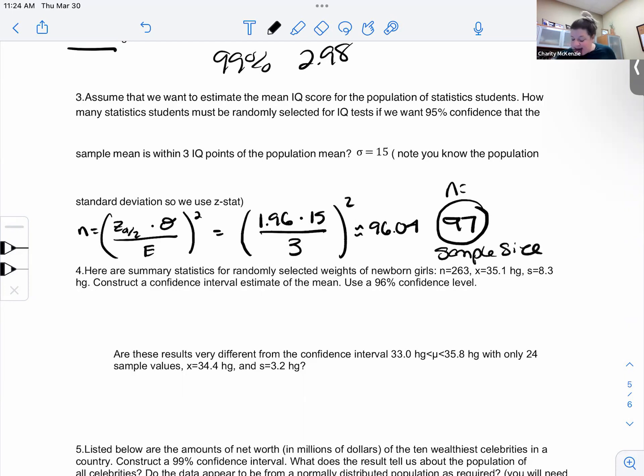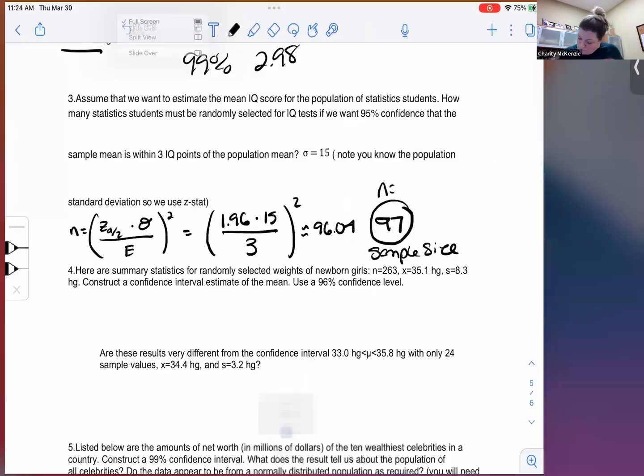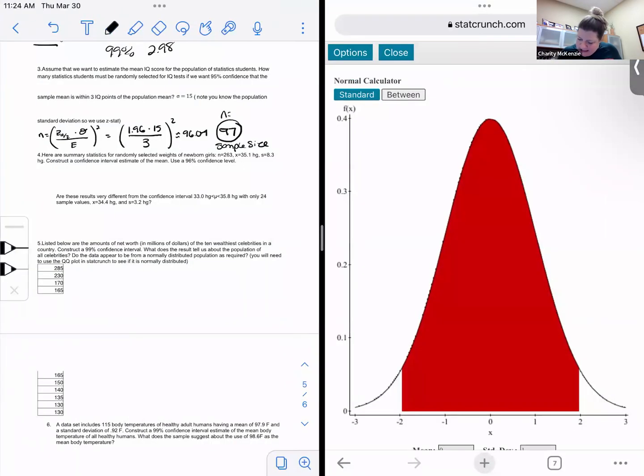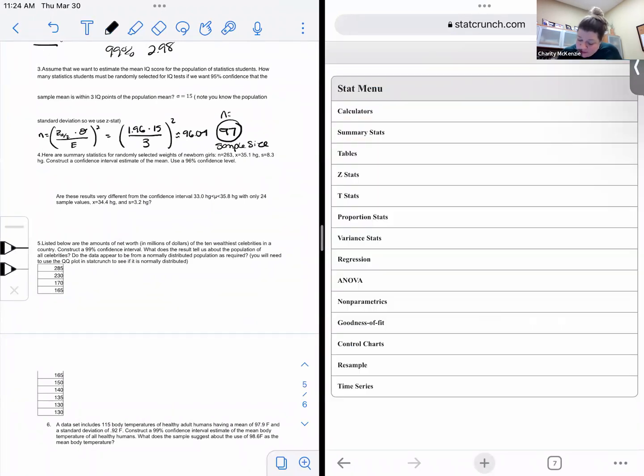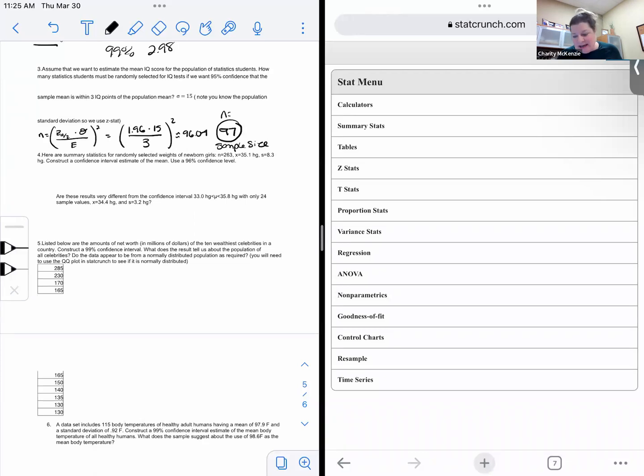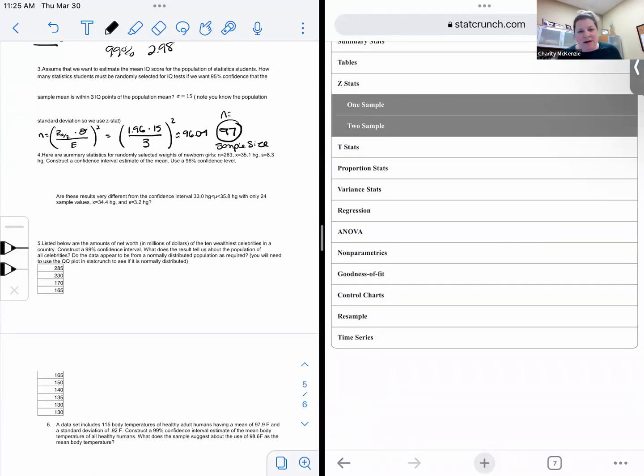And let's do that same thing on StatCrunch. So that's our formula. And in StatCrunch, it will be stat. And then we're going to go to the Z section, because we know the population standard deviation.